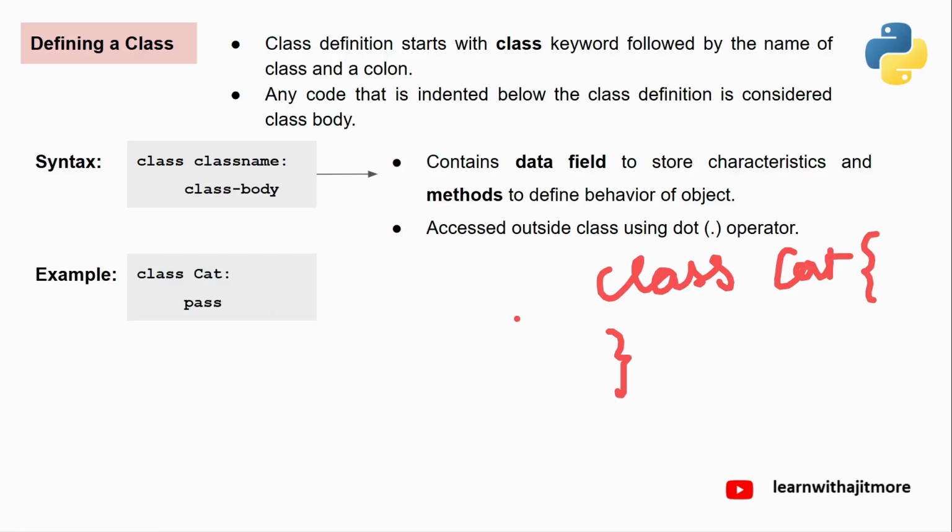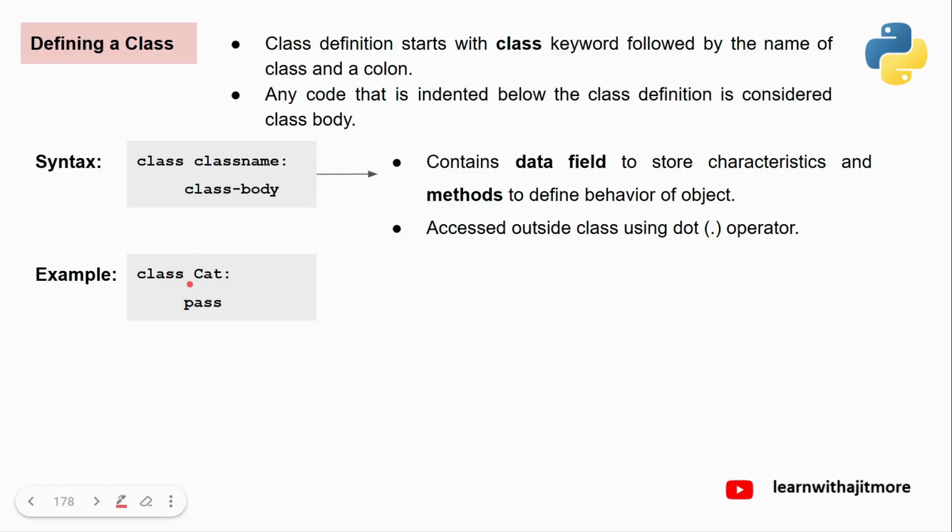But here it is possible. Why? Because this is a dynamically typed language. Same thing in PHP is also possible, same in JavaScript. JavaScript, PHP, Python, they come under one category, that is dynamically typed, loosely typed languages.